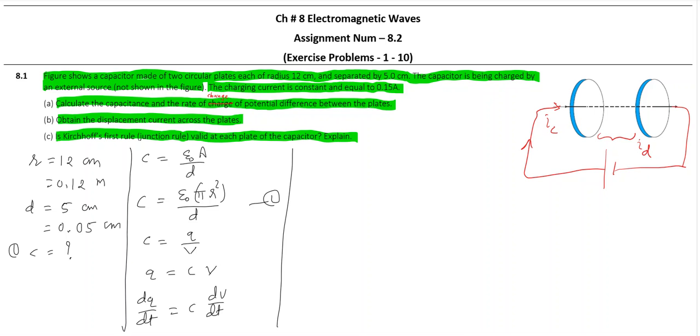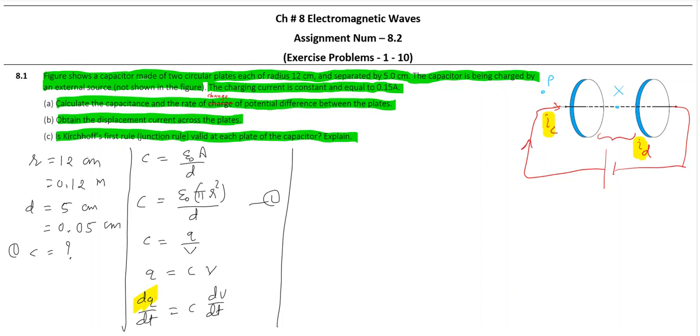Whatever is the effect of IC at some point P here, similar is the effect of ID at some point, say X, between the two plates. So these two, IC and ID, both must be very similar.